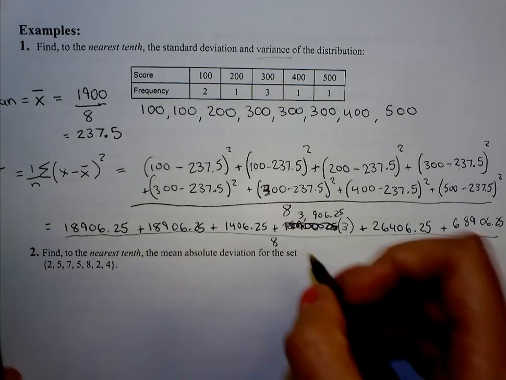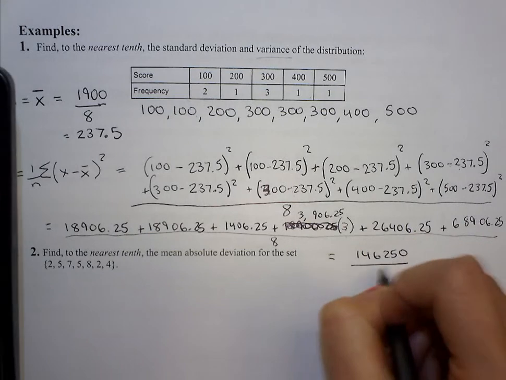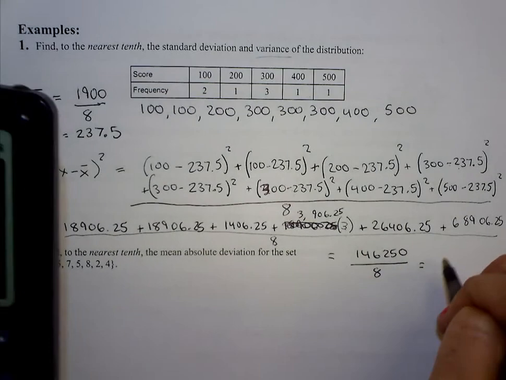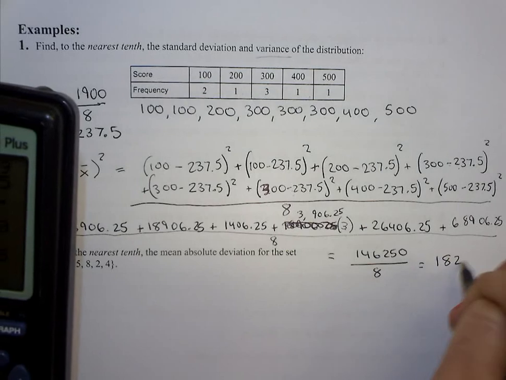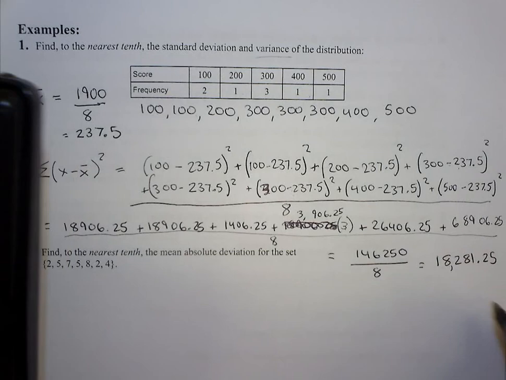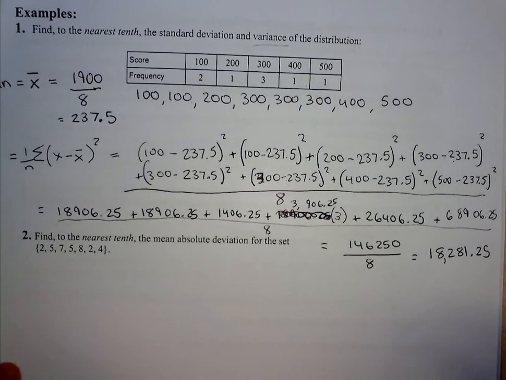So I get 146,250 divided by 8, which gives me 18,281.25 for the variance.